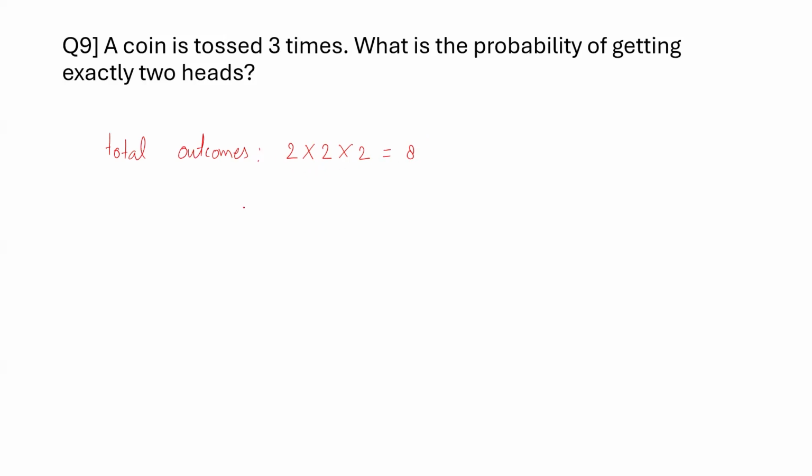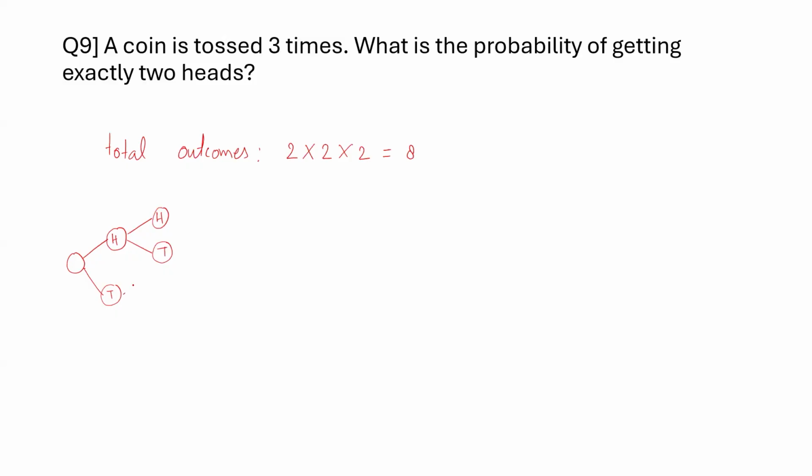Now you are interested in only outcomes which have exactly 2 heads. Now let's see what is the scenario. Here you have a coin. It can land on heads or tails, right? These are the only possibilities for a coin to land on. Let's say you get a head. Again, you are flipping a coin. Again, you will have only 2 possibilities, heads or tails.